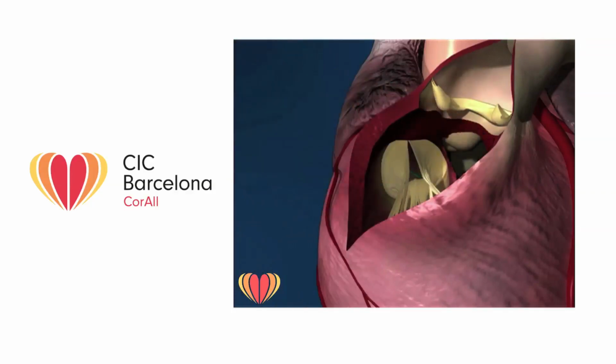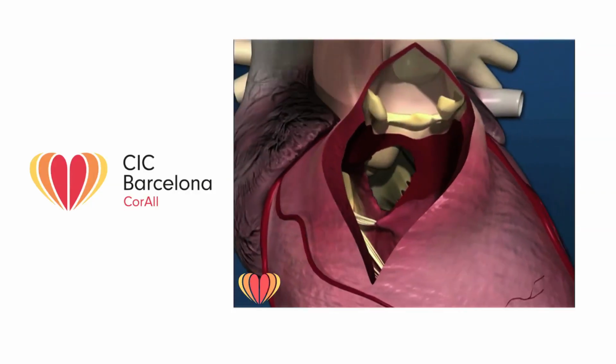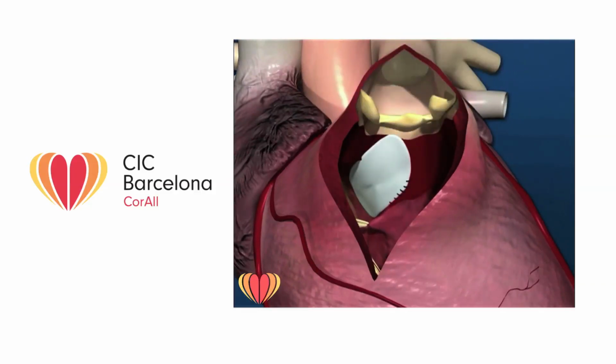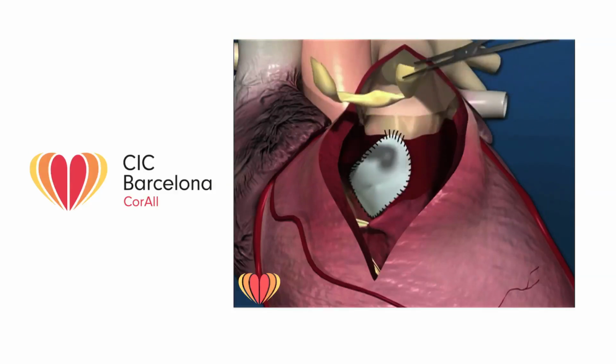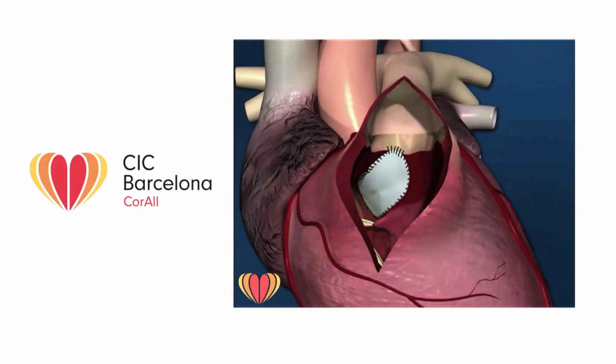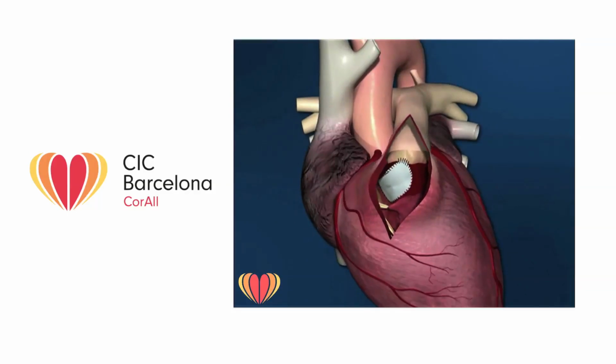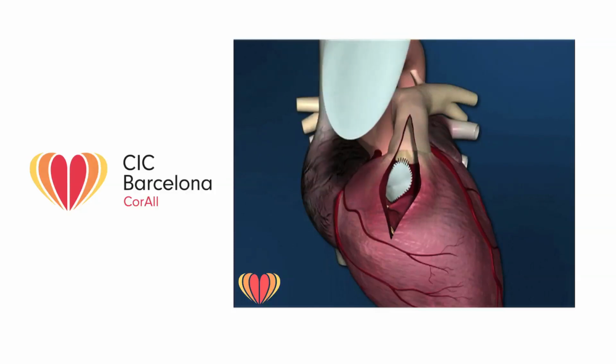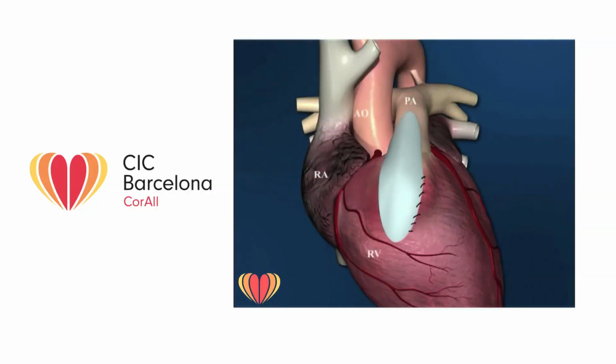Once the right ventricular outflow tract stenosis has been relieved, ventricular septal defect is repaired with a pericardial or other patch. As the animation shows, a dysplastic pulmonary valve should be removed. In the end, the right ventricular outflow tract and the pulmonary artery are reconstructed using a pericardial or other patch.